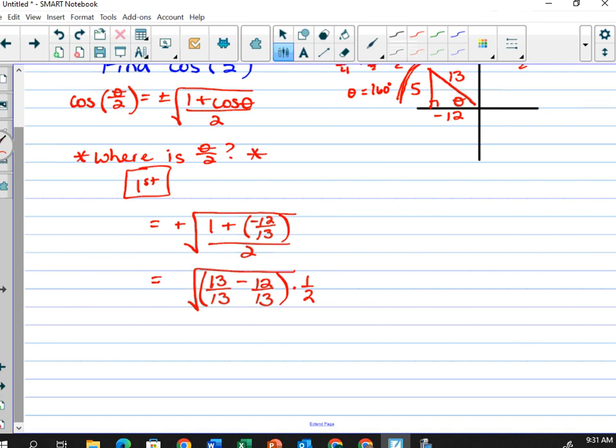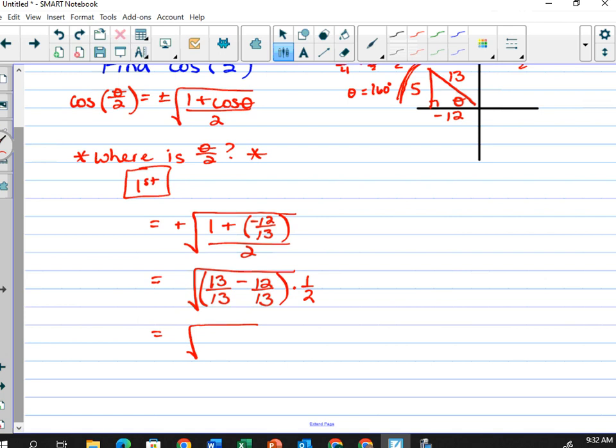That's the second one. This says cosine of theta, right? There's theta. Do you see the difference? That's the hardest part here. You've got a theta over 2 you're dealing with, and a theta. The theta's in the formula, and that's from your triangle. Where is theta over 2?